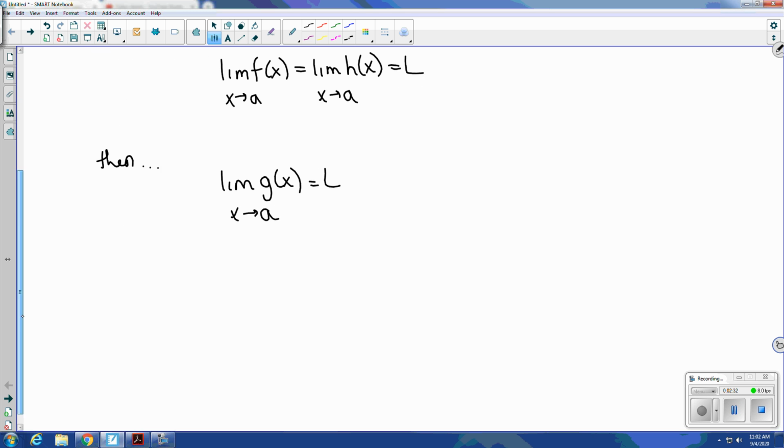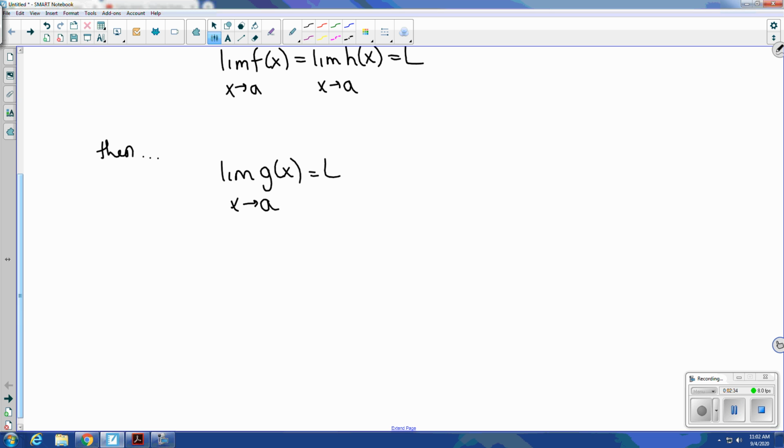Now, let's look at an example and why it's important to know how to use this. Let's say g of x is equal to x squared times sine of 1 over x, and you're asked to evaluate the limit of g of x as x approaches 0.